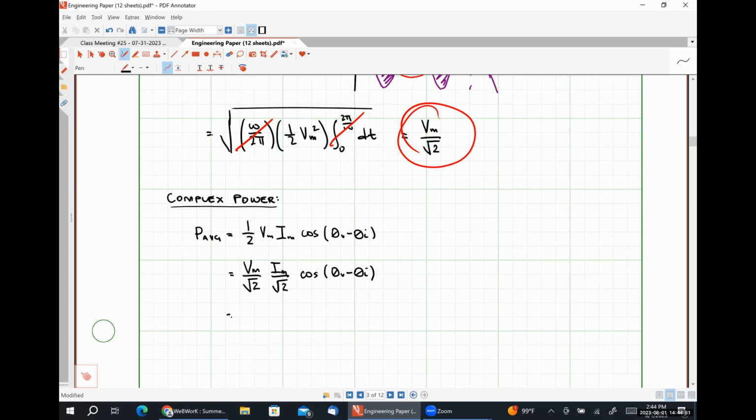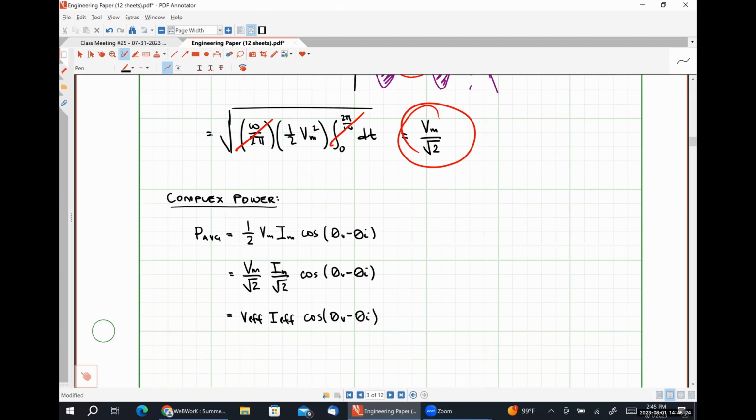And Vm over the square root of 2 is just the effective value of a sinusoidal voltage. Im over the square root of 2 is just the effective value of a sinusoidal current times the cosine, again, of theta V minus theta I. So we have an expression for our average power now in terms of our effective values.